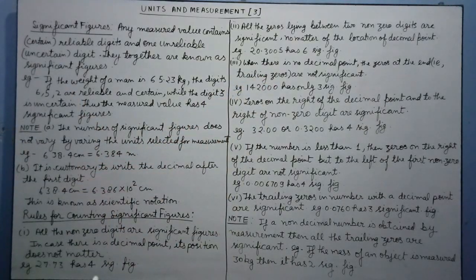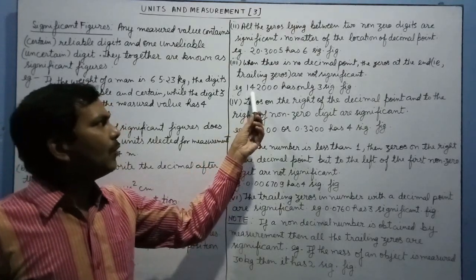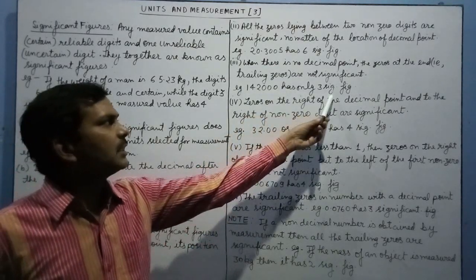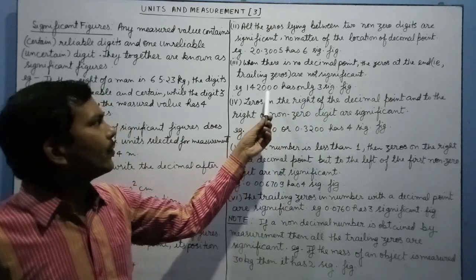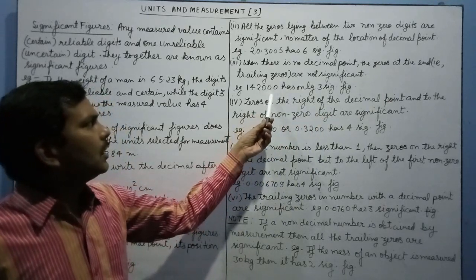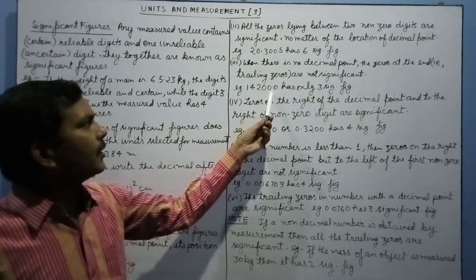Next, when there is no decimal point, the zeros at the end, that is trailing zeros, are not significant. Here is an example. 142000 has 3 significant figures. The 3 trailing zeros are insignificant.